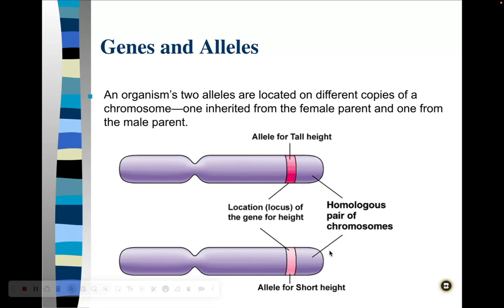So these would be homologous chromosomes, one from the male parent, one from the female parent. The gene, height gene, would be on the same location, but the allele will not necessarily be the same. For example, you could get the allele for tall height from one parent and short height from another parent. Both of these could be tall, both of these could be short, but it's not guaranteed. So the location of the gene is at the same spot for homologous chromosomes, but the alleles could be different.